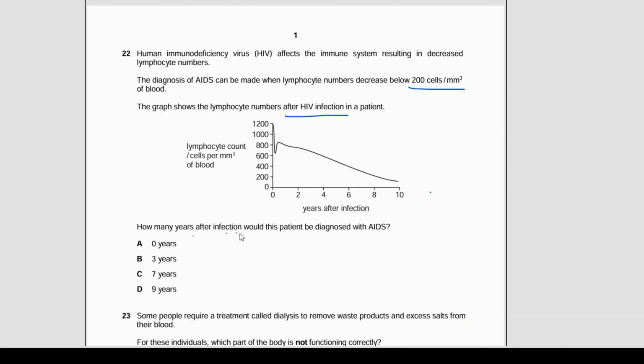How many years after infection would the patient be diagnosed with AIDS? So it should be at what level? 200. This one. So after how many years it has been diagnosed? 9 years, right? It takes much time.